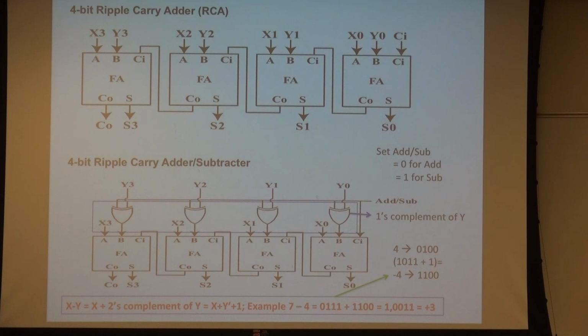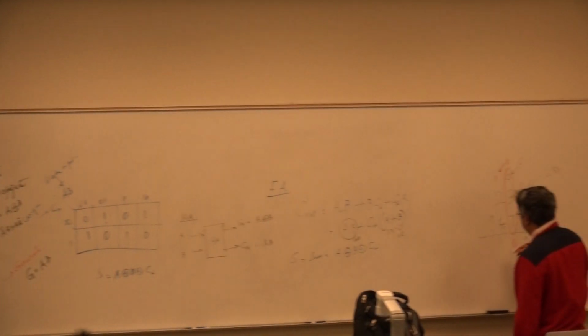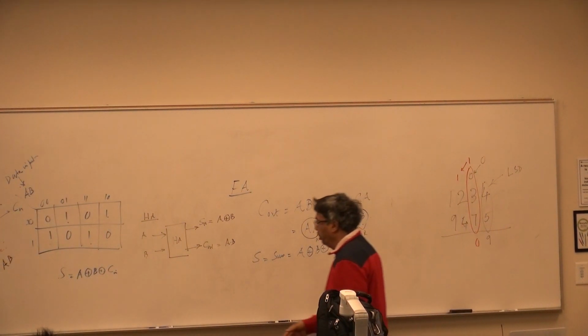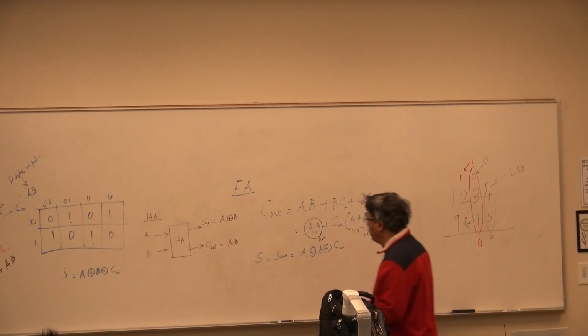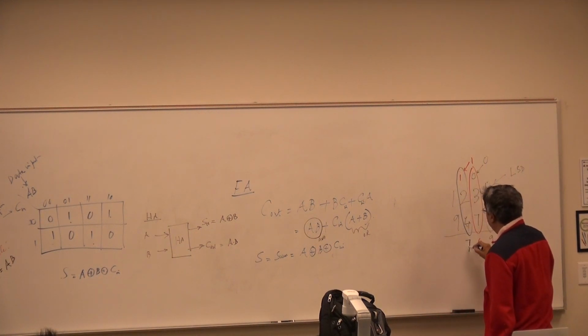So it generates 1, which is put back into the next stage, and then we add this to find out that this will be giving us 7.